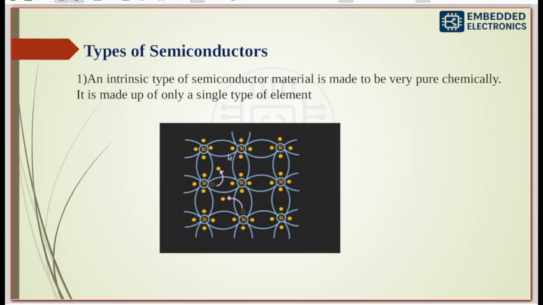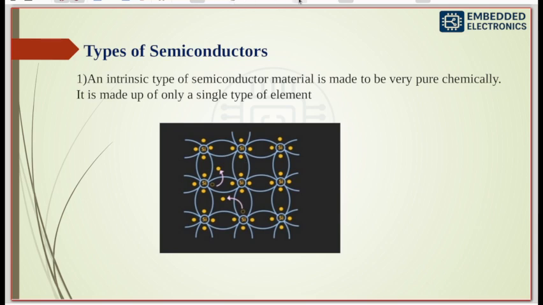Okay, silicon has 4 valence electrons. In this silicon crystal, each silicon atom shares its 4 electrons with the neighboring atoms. See here, this is shared with 4 neighboring atoms. So we can say that sharing of electrons happens in such a way that each silicon has 8 valence electrons.